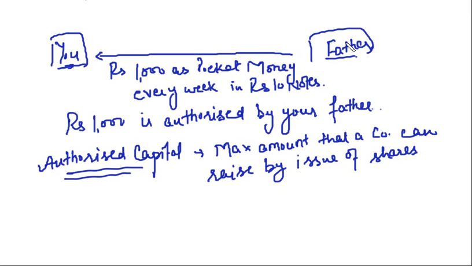Here, your father has authorized that you will get a maximum of 1000 rupees. So this is your authorized capital. You can't go beyond your authorized capital.